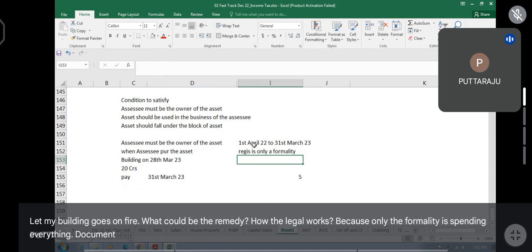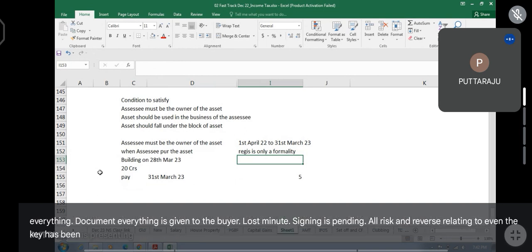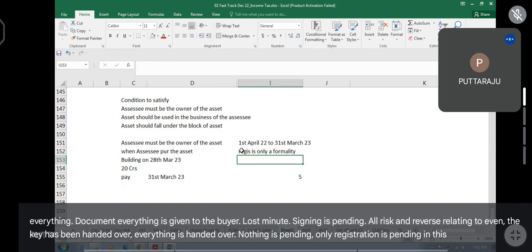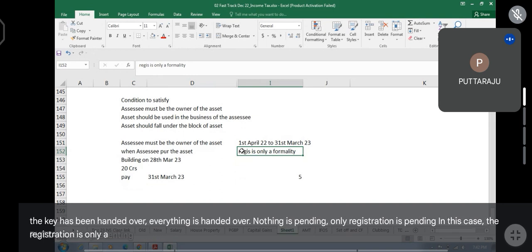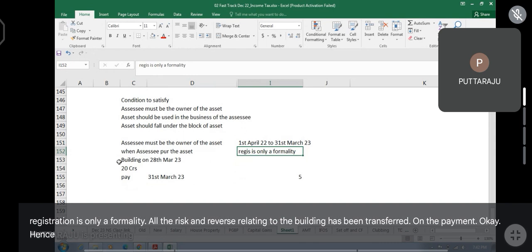Everything, the documents, everything, is given to the buyer. Last minute signing is pending. All risks and rewards, even the key, have been handed over. Nothing is pending, only registration is pending. In this case, registration is only a formality. All the risks and rewards relating to the building have been transferred on the payment. Hence, the assessee can claim depreciation on the building.